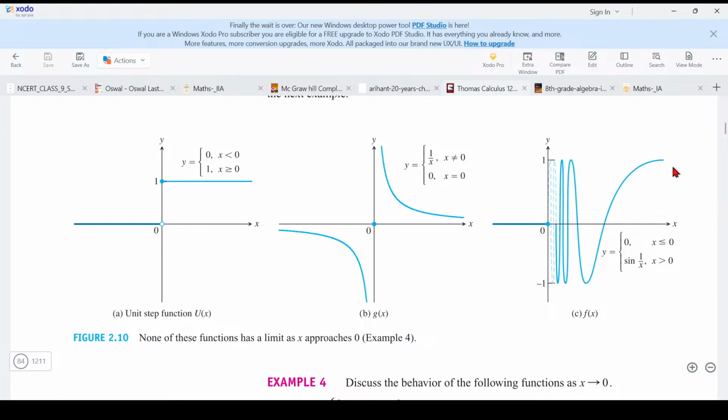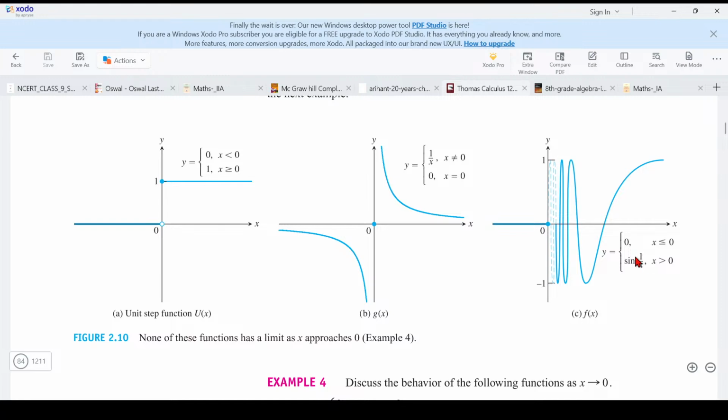When x is 11, it is around 0.09. When x is becoming big and big, what is happening? 1 by 100 or 1 by 1000 is almost becoming zero, so sine 0. If you further draw the graph, it will come like this.